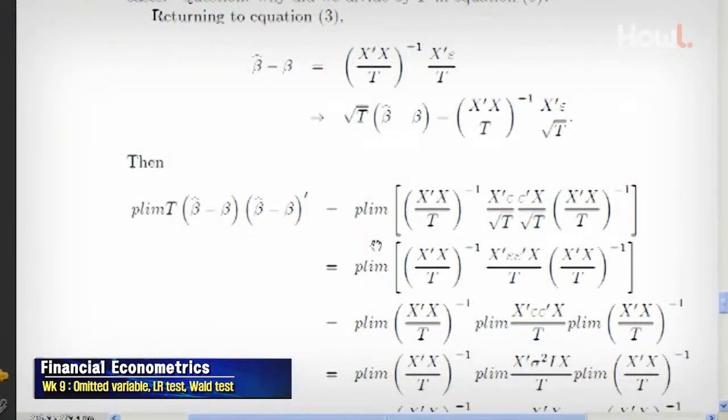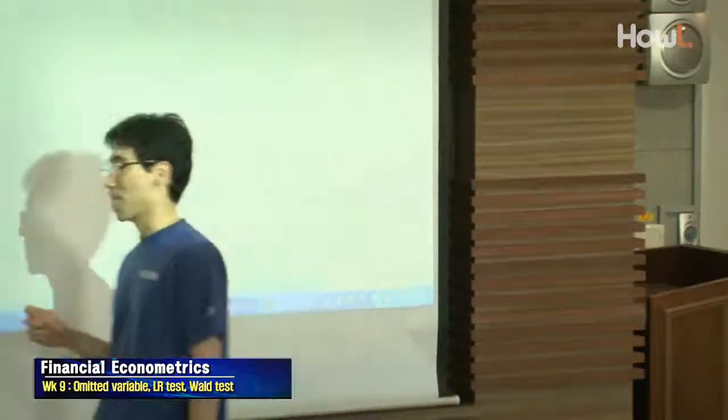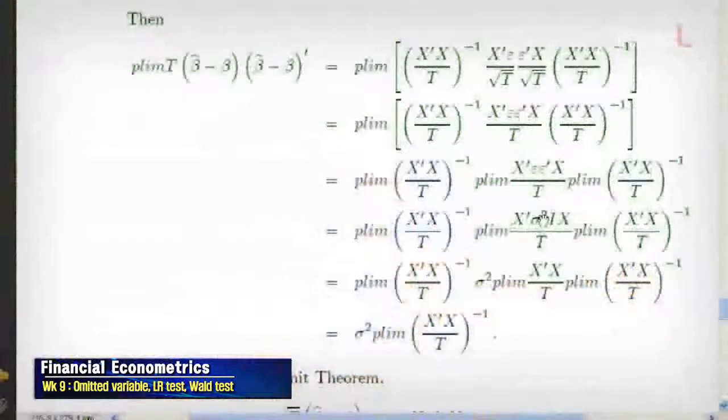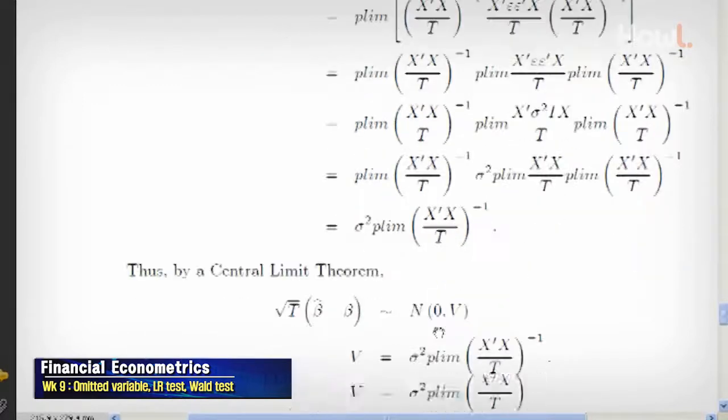I need to explain more about this part, and I will explain this later on. But for now, please just memorize and accept the result from here to here. Since this is constant, this identity matrix, we can put this one here. Then this one and this one cancel out, so we have only sigma squared times the probability limit of this one.